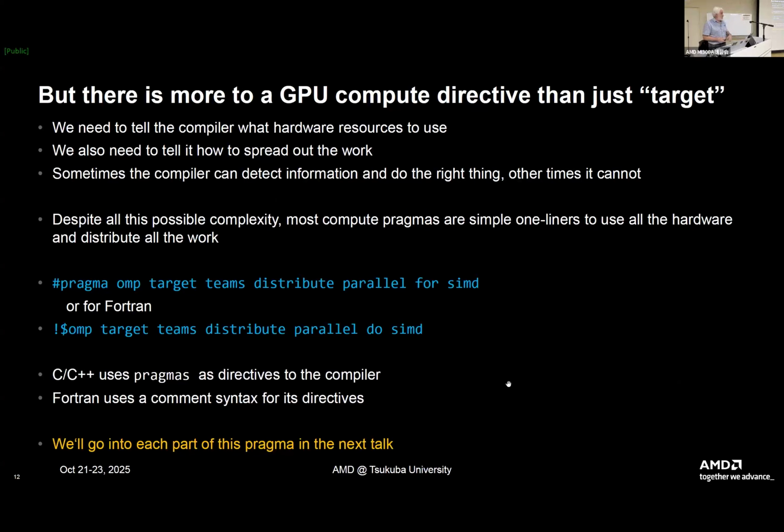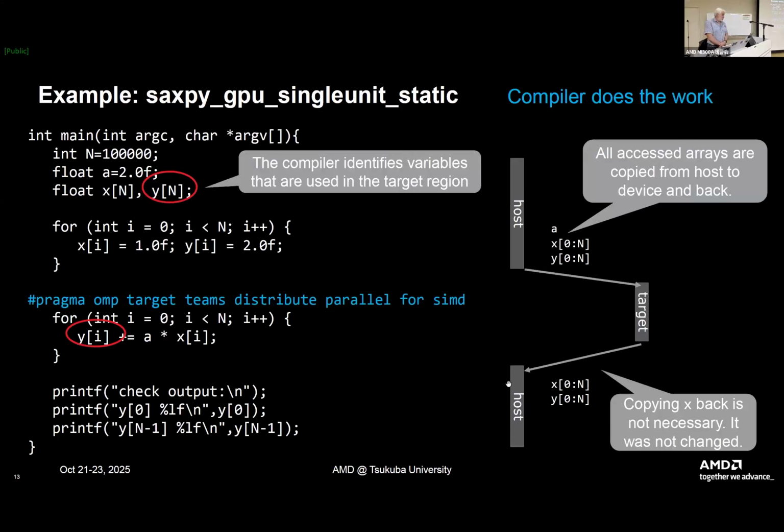We'll go into detail on what each of those do. But for most of your work, you're always going to use that long command. It's rare where you actually have to do something that breaks that command up. So it's usually a one-liner before each loop. And that's the beauty of it.